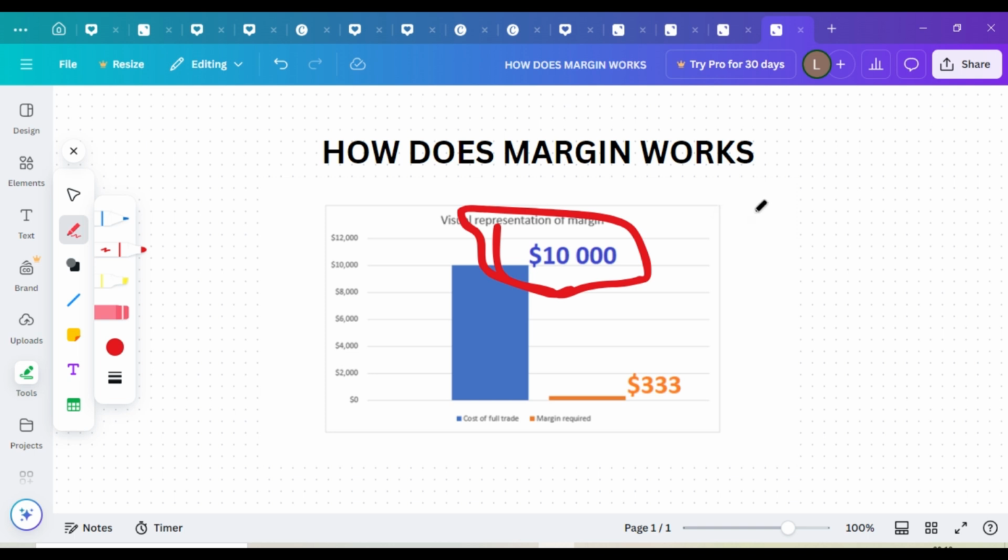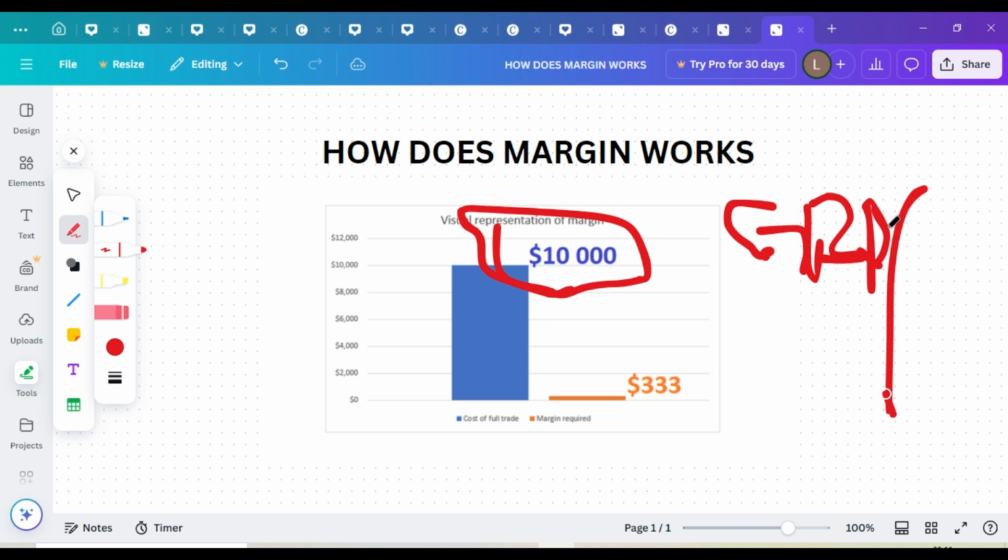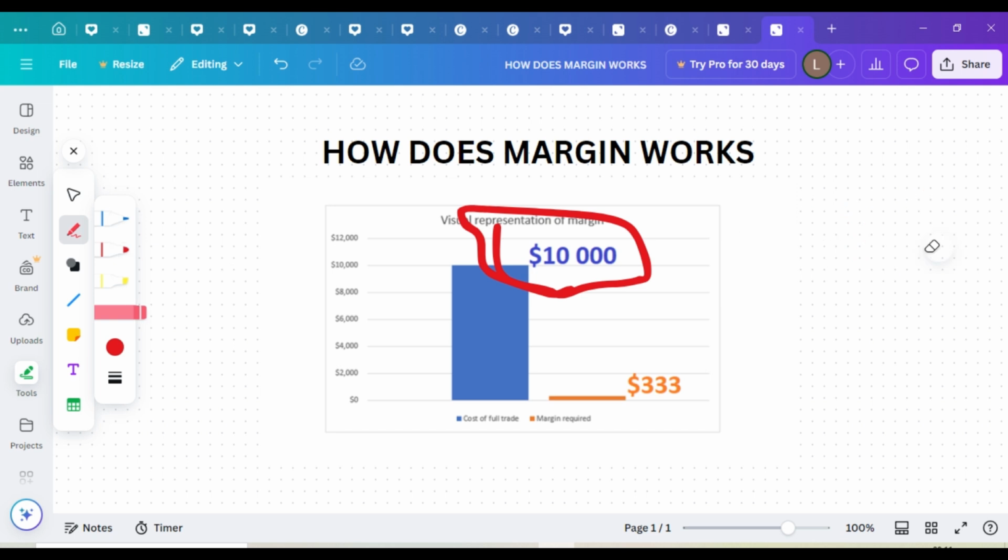The pair that you want to trade is, for instance, GBP against USD.